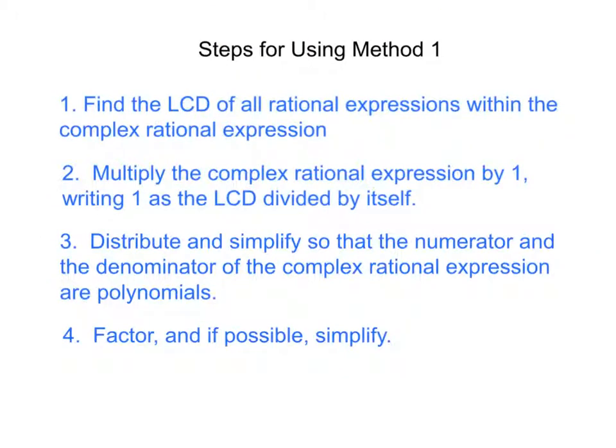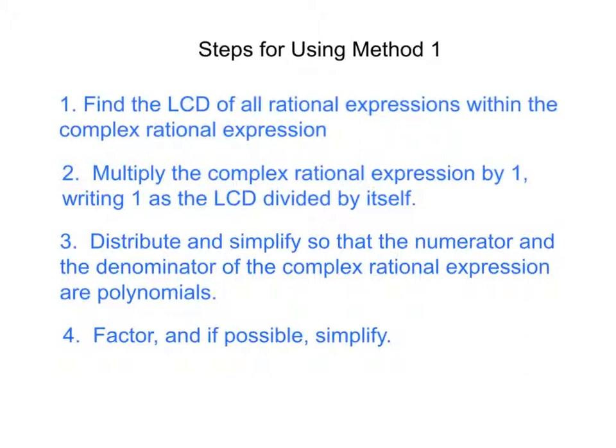Alright, so here's all the steps that we did, and they're just written out. I know a lot of people like having the steps to look at as they go. First one is to find the LCD, and remember that stands for the least common denominator of each part of the overall rational expression. And that's what you're going to use to multiply top and bottom by, which is like multiplying by 1.